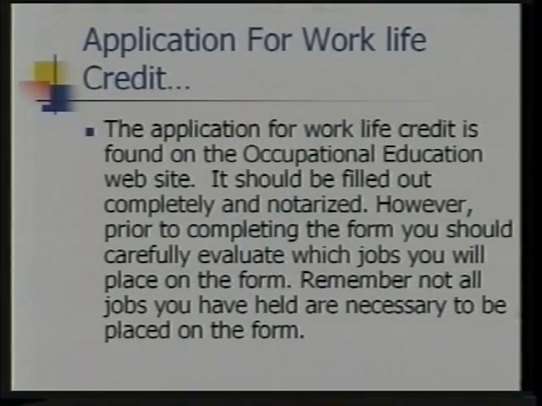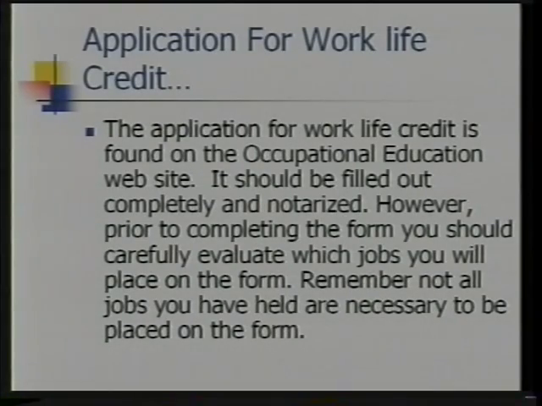I want to talk about the application for work-life experience. This is found on the Occupational Education website. You want to fill it out completely and you want to notarize it. However, prior to completing the form, you should carefully evaluate the jobs that you're going to put on the form. Remember, not all jobs are necessary to be put on that form.